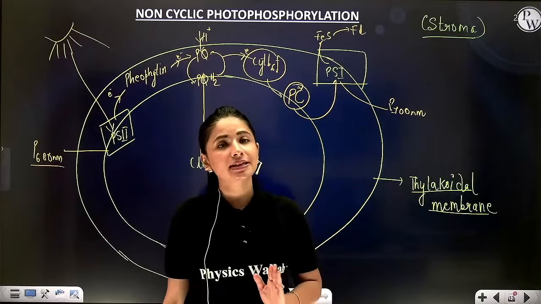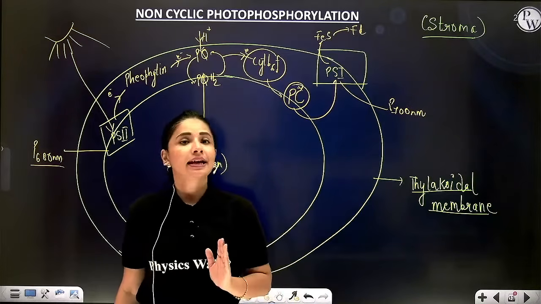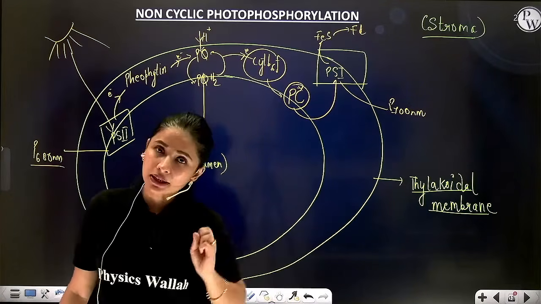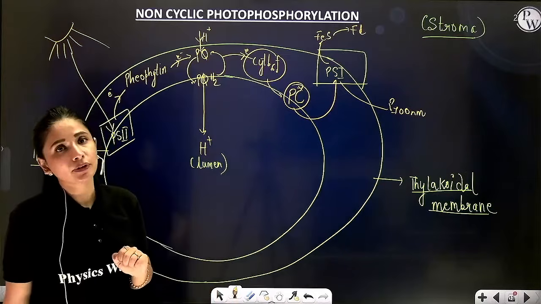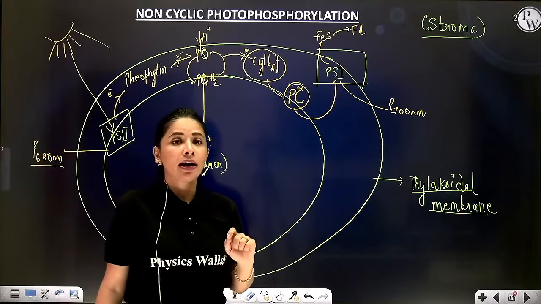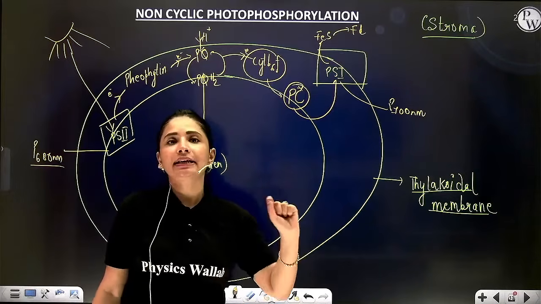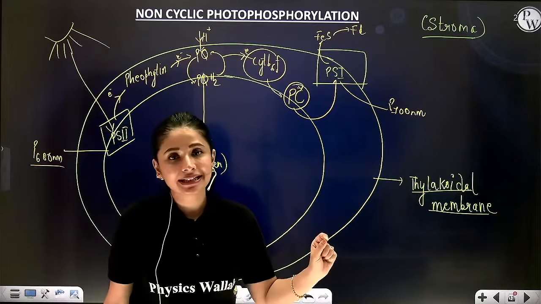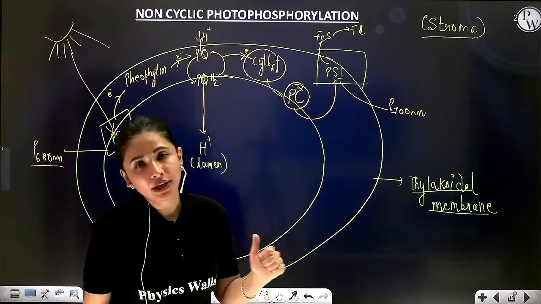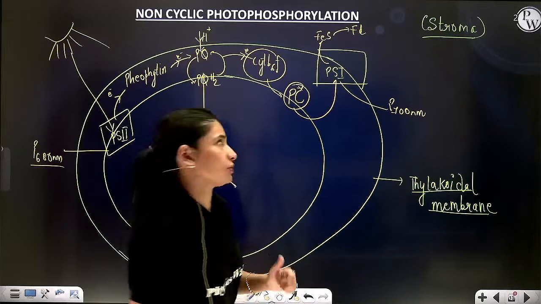What is this enzyme going to do? This enzyme is going to accept the electron as well as free proton from the stroma and will reduce NADP+ into NADPH2. Like this, you receive one of the end products of light reaction.